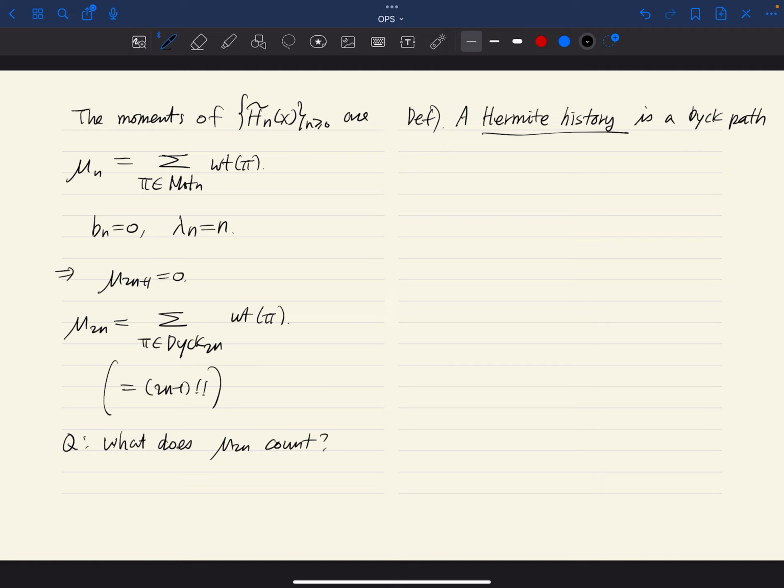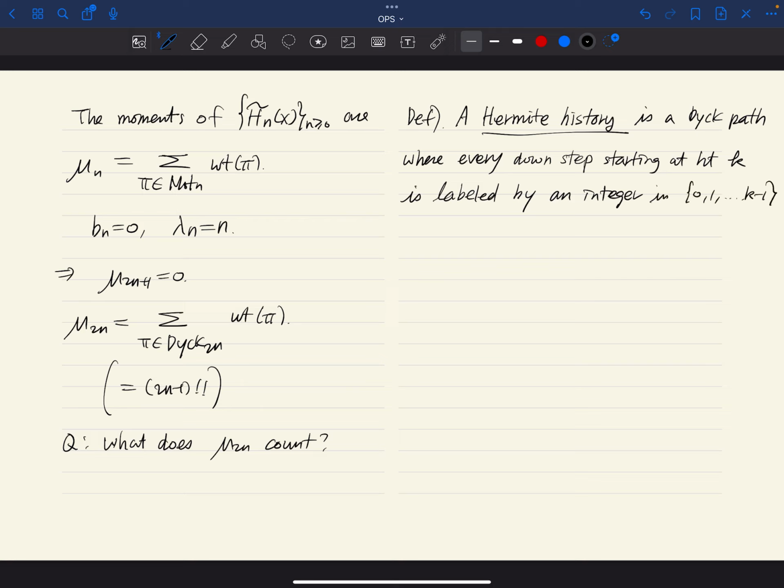A Dyck path where every down step starting at height, say height k, is labeled by an integer in 0, 1, ..., k minus 1.